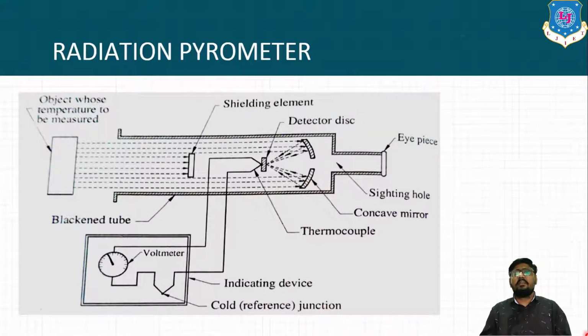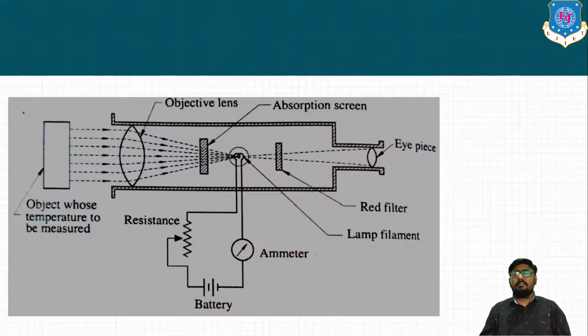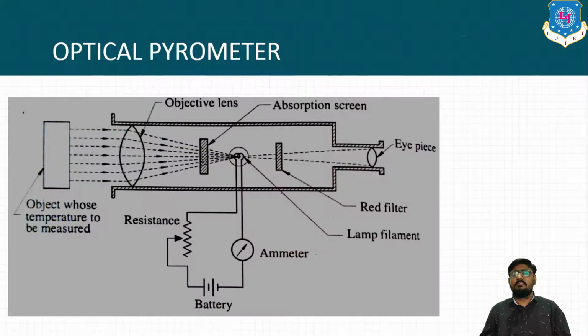Another one is the optical pyrometer. In the optical pyrometer, this mirror is now replaced by an objective lens. As you can see, the object whose temperature is to be measured is there. All the radiation coming from this object is now focused using this objective lens onto the detector.